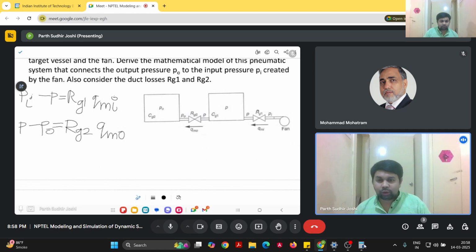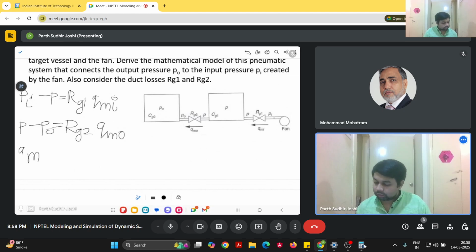We will not split it into two parts, the volume change of the container and the compression of the gas. So we'll assume that CG1 and CG2 represent the total capacitance of each of those containers. What is the definition of the pneumatic capacitance? It's basically the difference in the mass flow rate.